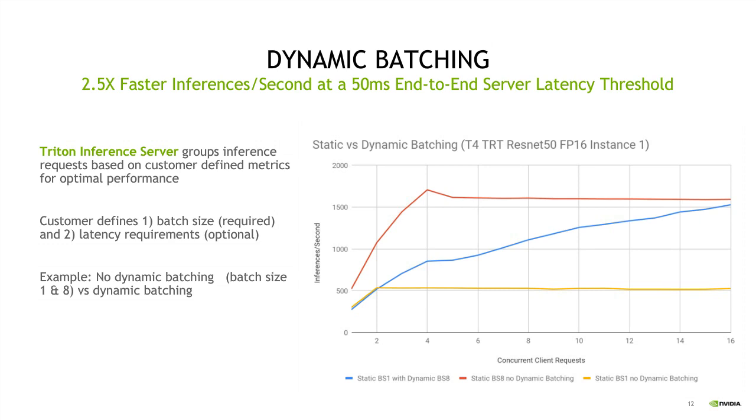And the blue one relates to the dynamic batching scheme. You see, when the incoming requests are coming at about 16 concurrency, the throughput of the inference might be similar to the static batching.